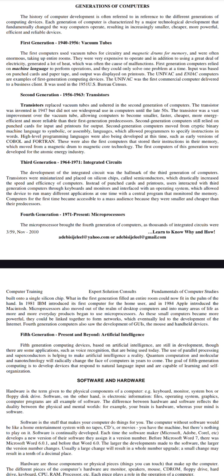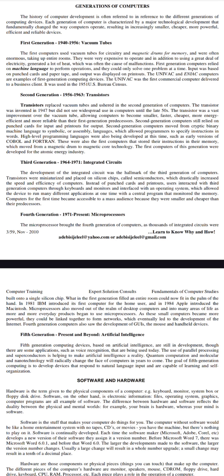Third generation. The development of the integrated circuit was the hallmark of the third generation of computers.